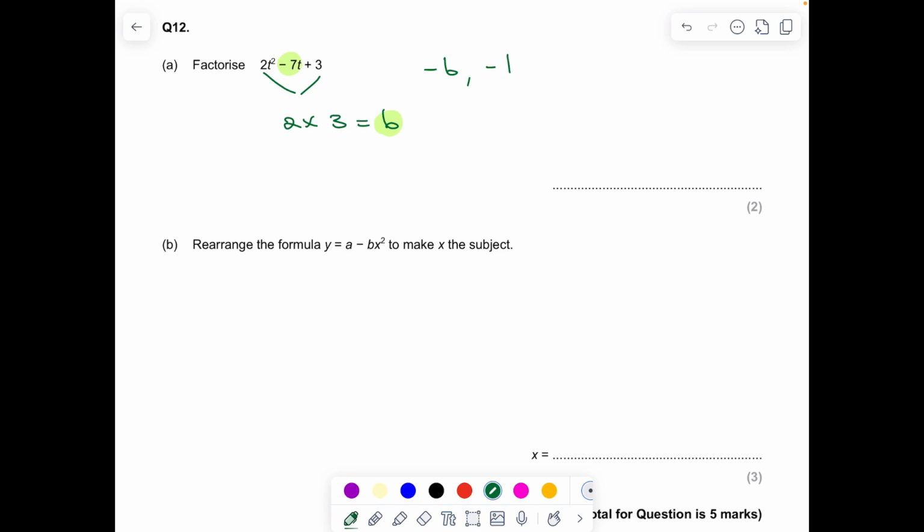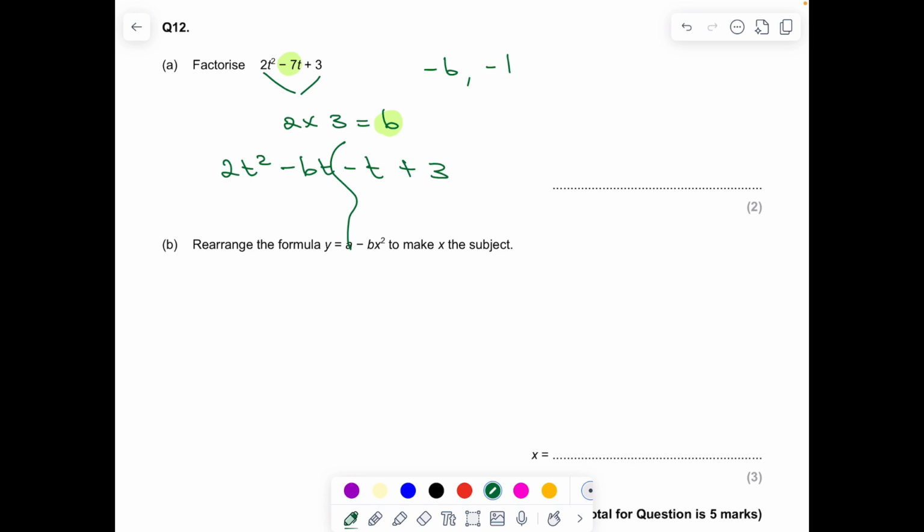Then rewrite your expression, so 2t squared, and instead of writing minus 7t, I'm going to split it into minus 6t minus 1t plus 3. Squiggly line down the middle, and then factorise each side.